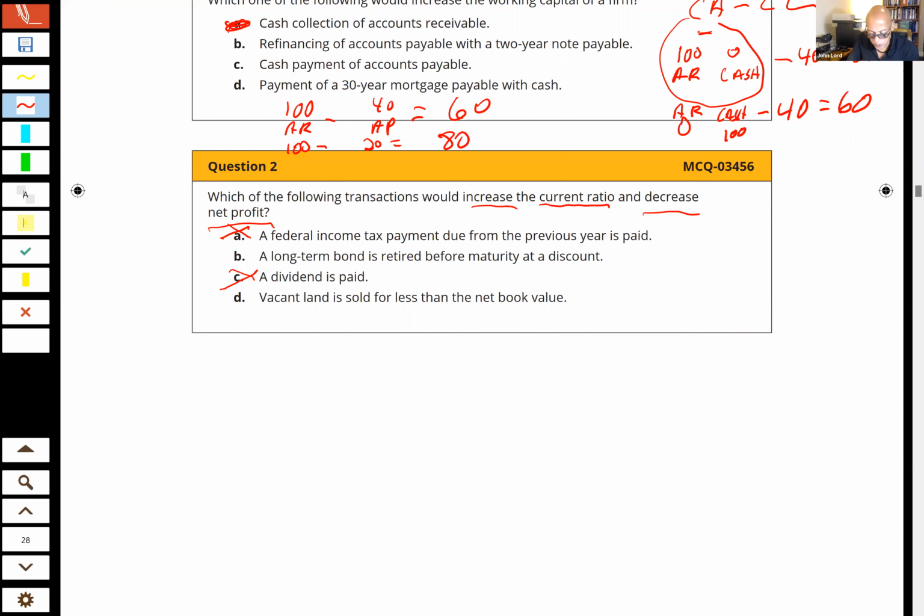Okay, so then you start to look at these others and okay, if I'm retiring a bond, if I'm retiring land, yeah, I will probably have both an effect on the balance sheet and the income statement.